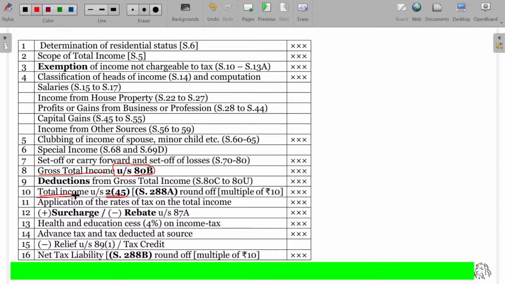What is called total income, sir? Total income is nothing but the summation of all the 5 heads and clubbing, and after all these things, after deducting the deductions mentioned under the Section 80 series. So we have this list of deductions. We'll study that later on.